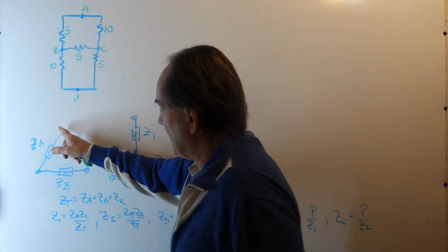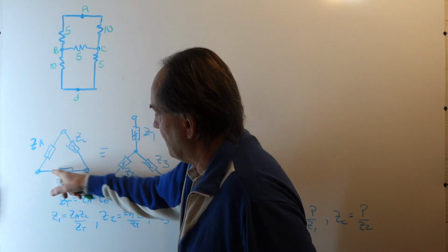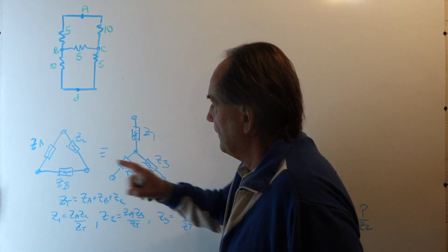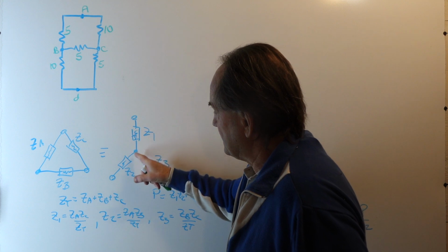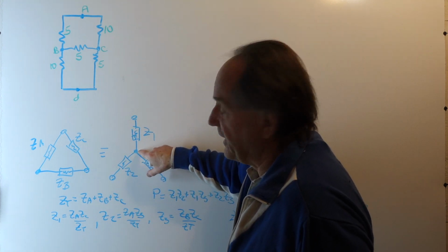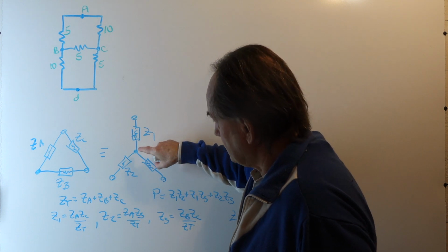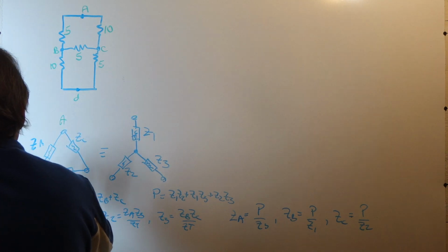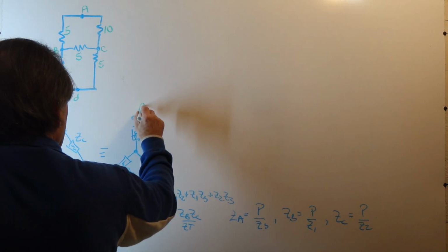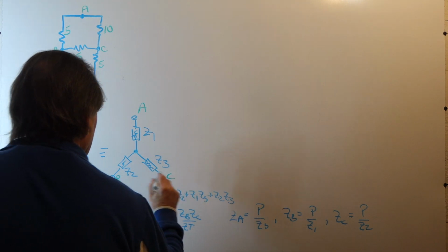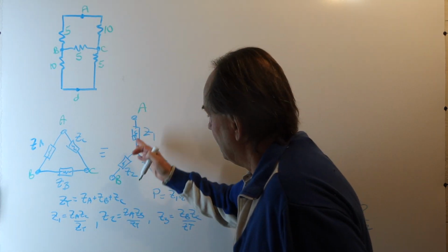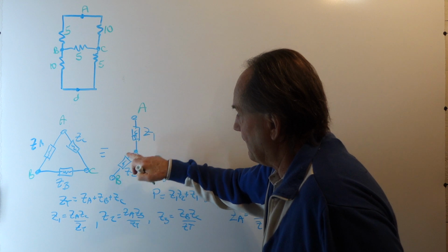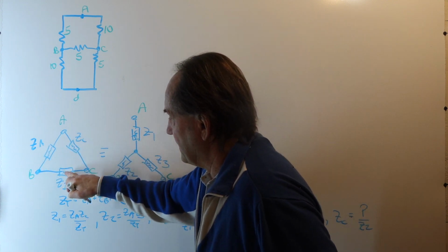If we have three elements that are connected as a delta, like a triangle, then we can represent it as this Y or star connection, where we create a new node, which we call a neutral node. Say this is node A, this is node B, this is node C. Then we can replace the delta connection between those three nodes with a star or Y connection with three impedances that have different values from the elements here.